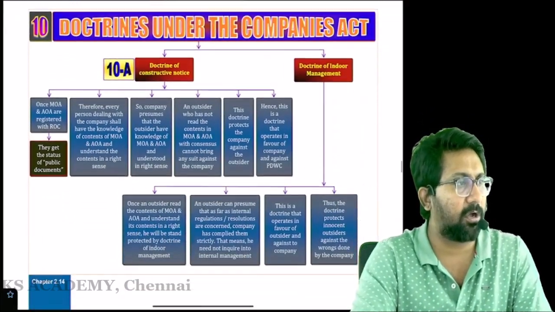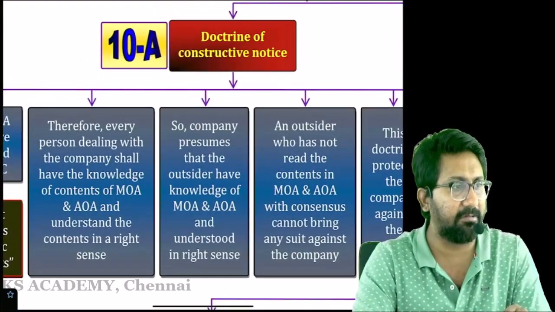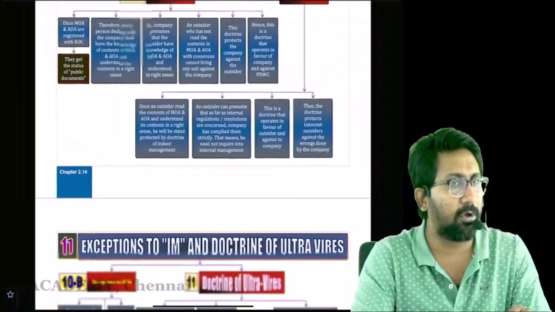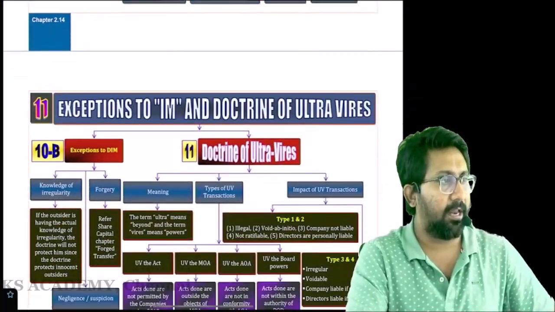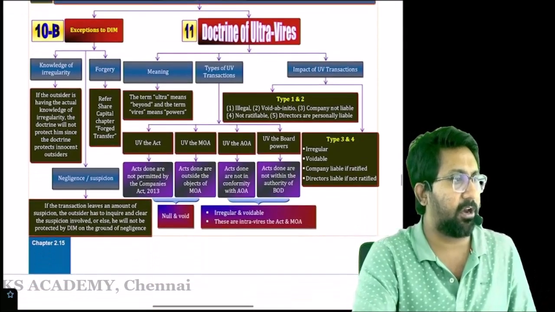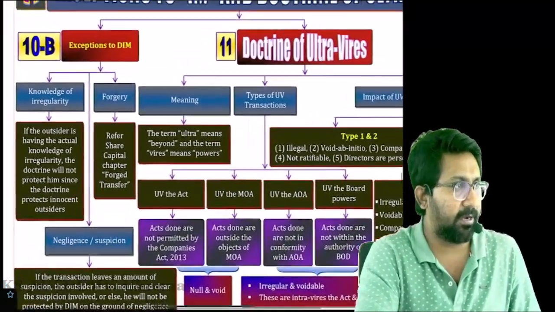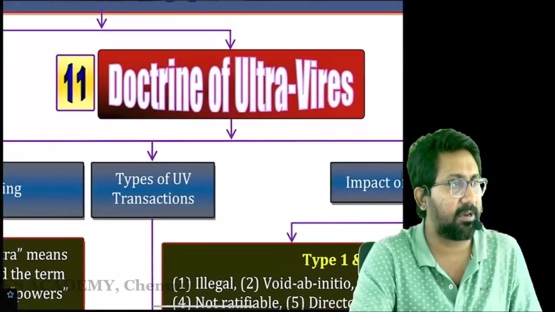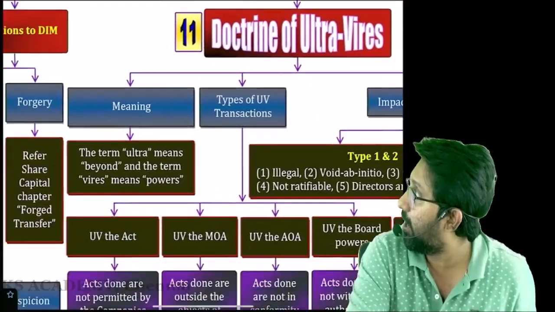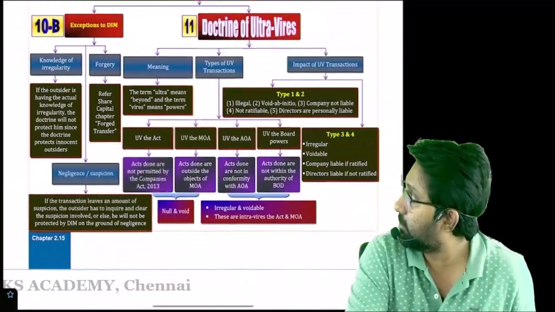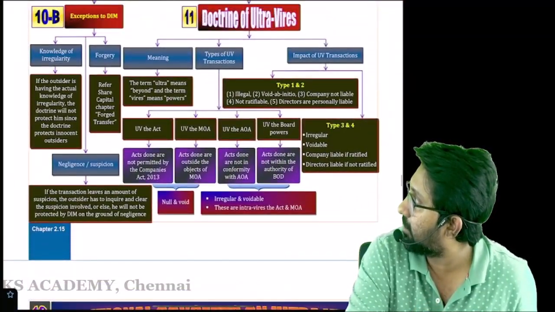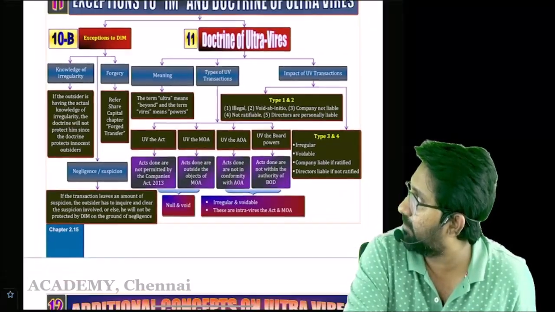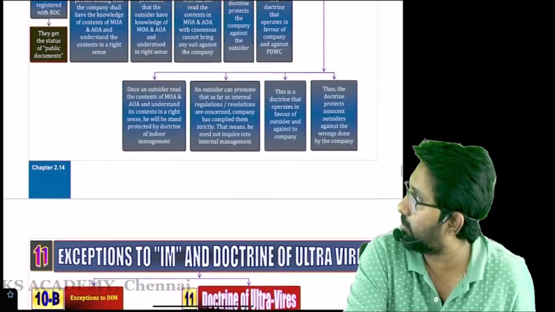First one is the doctrine of constructive notice. Next one is the doctrine of indoor management. Next one is exceptions to the doctrine of indoor management. And the last one is the doctrine of ultra vires. Once we complete all these, then I will give you one illustration. We will also be doing that.